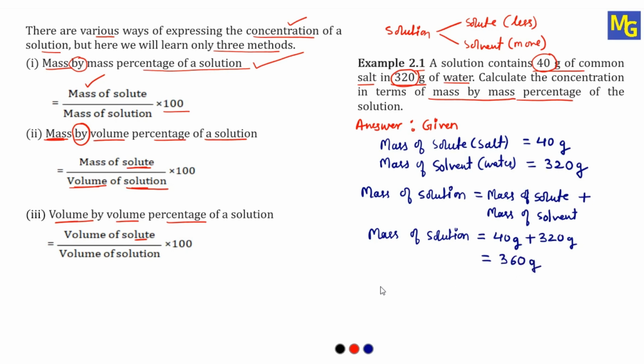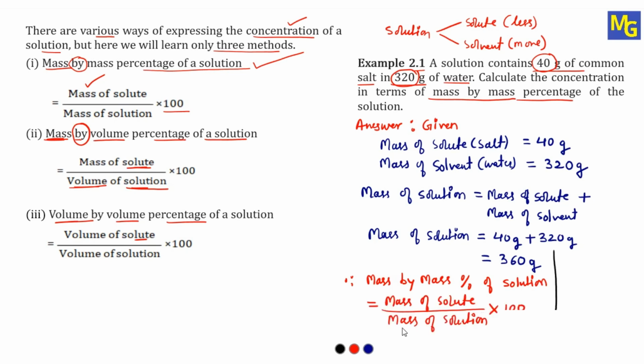Therefore, mass by mass percentage of solution is the formula, mass of solute divided by mass of solution into 100. Here I will substitute the values because the space is very less. So it is equal to 40 divided by 360 into 100.